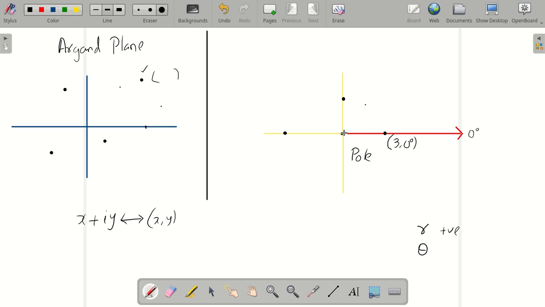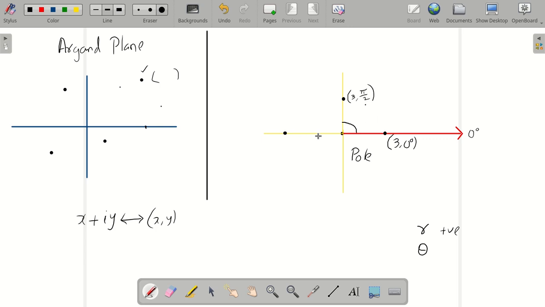Okay, now remember, we always measure the angle starting from the initial line. Okay, let's say this is also 3 centimeters or 3 units or whatever. So this coordinate will be 3 comma, so what's the angle if I start from here? Yeah, that will be 90 degrees, or let's say pi by 2.